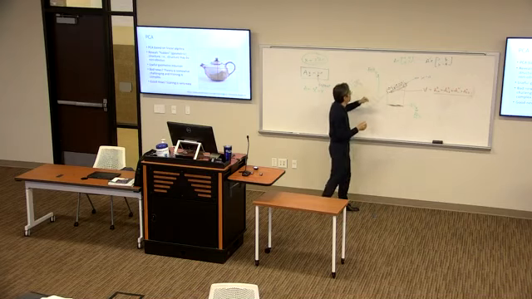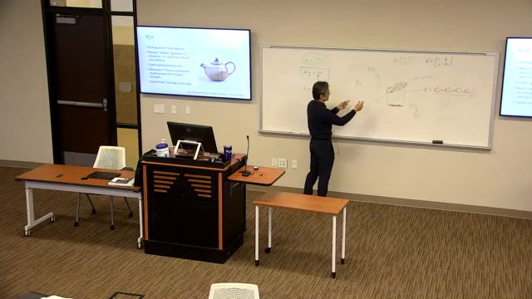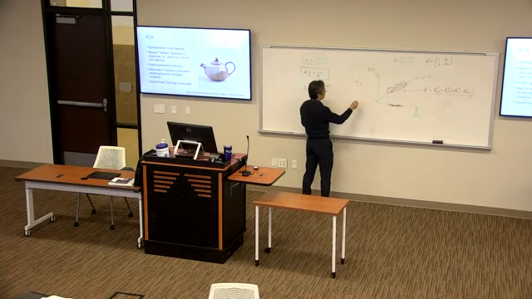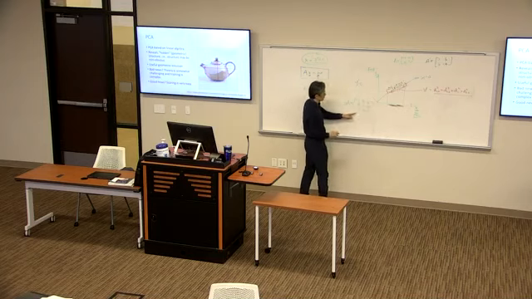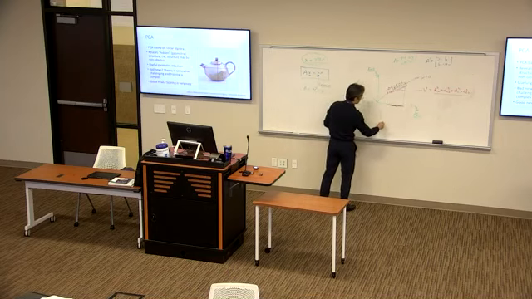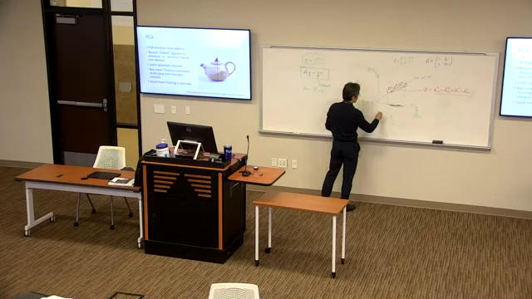If you have 3D data, then your coordinate system was 1, 0, 0, 0, 1, 0, 0, 0, 1. So that's your x, y, z.